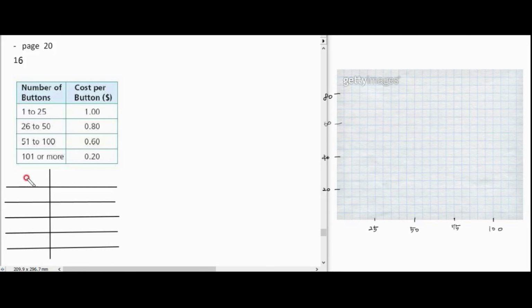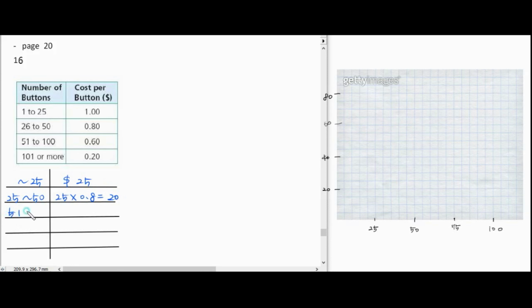Until 25, it will be 25 multiplied by 1, so it will be $25. And from 25 to 50, it's $0.8 per button, so it will be 25 multiplied by 0.8, which equals 20.